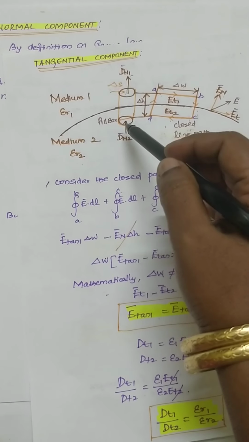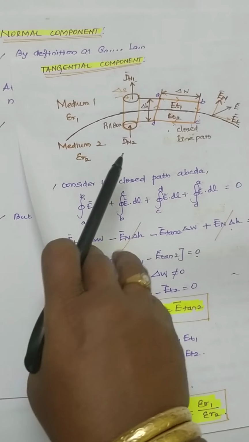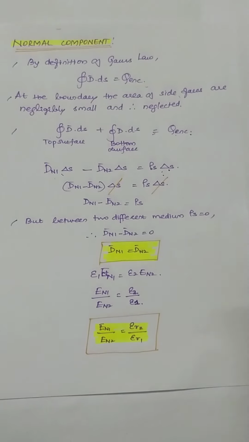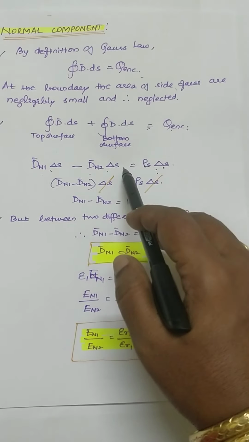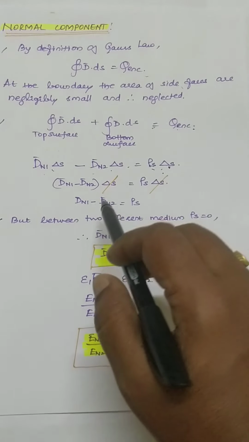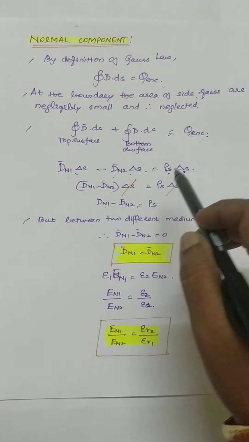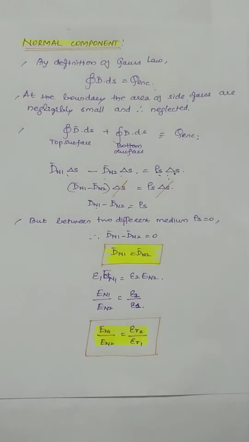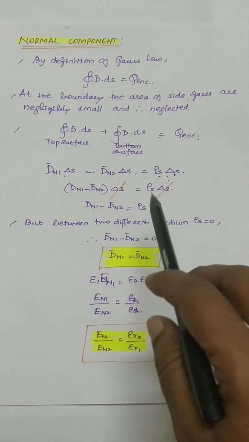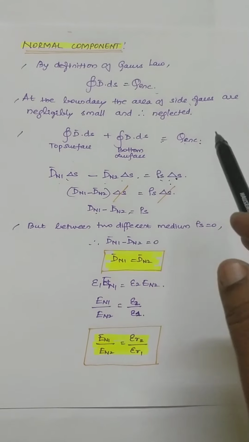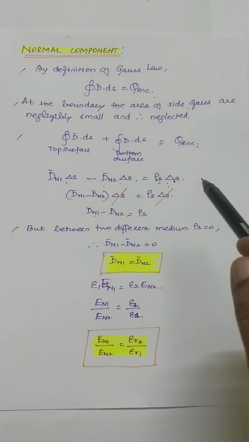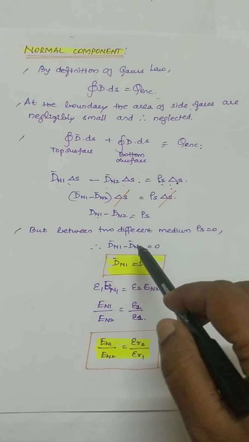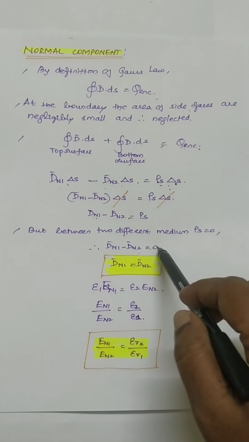In the diagram, Dn2 is projecting inward, so Dn1 del S minus Dn2 del S equal to rho s del S. Upon cancellation, Dn1 minus Dn2 equal to rho s. But what is existing at the boundary of two different media for a dielectric? It means that the surface charge density is equal to 0. So Dn1 minus Dn2 becomes equal to 0.